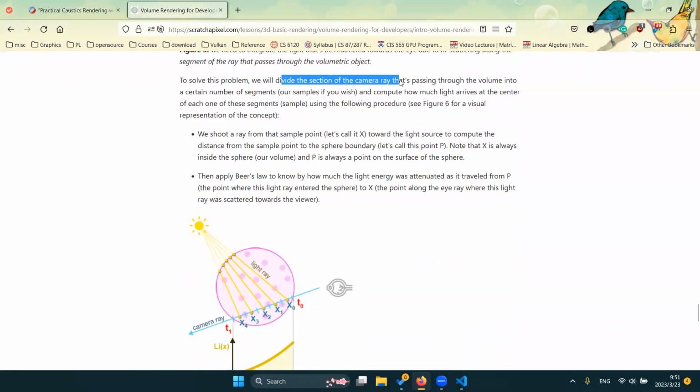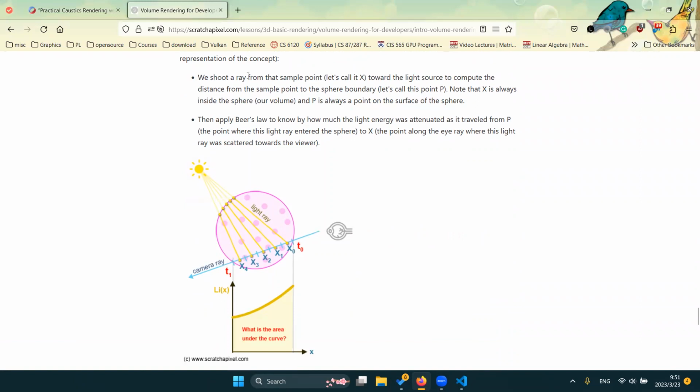Divide the section of camera ray into segments. Shoot the ray from the sample point toward the light source. Compute the distance and then apply Beer's law.